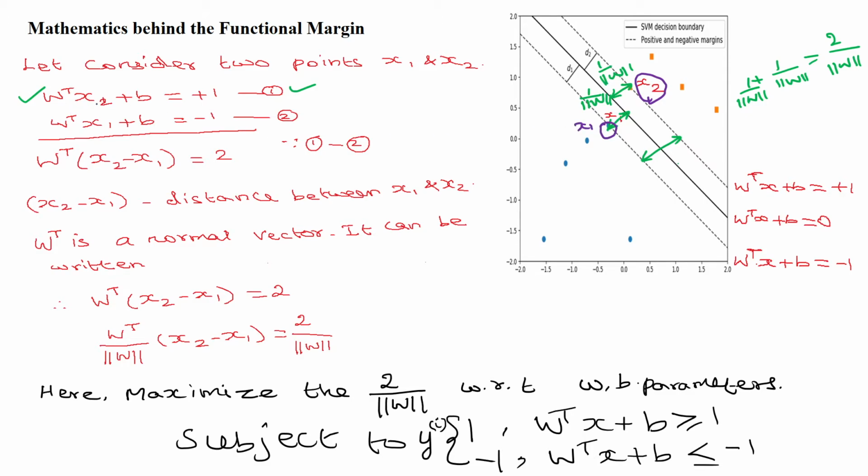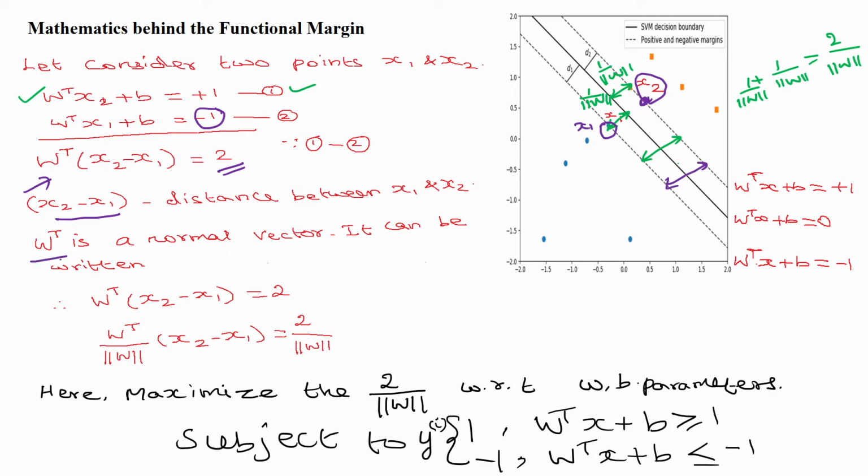W transpose x2 plus b is the positive class, so this data point acts as the positive class x2. W transpose x1 plus b equal to minus 1 acts as the negative class. When you apply the arithmetic operation, you will get 2. So x2 minus x1 is the distance between x1 and x2, right? This is the distance between x1 and x2.